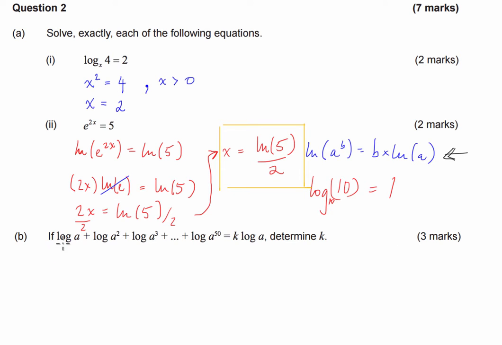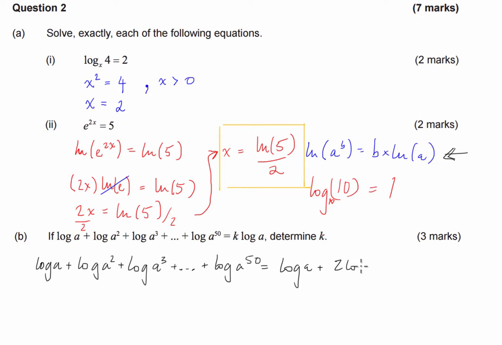We're going to say log a plus log a squared plus log a cubed plus dot dot dot plus log a to the 50 is equal to log of a plus 2 log of a plus 3 log of a plus dot dot dot plus 50 log of a. Great, just fit it in there at the end.